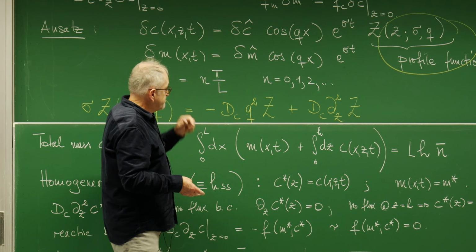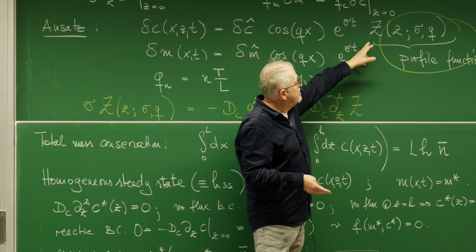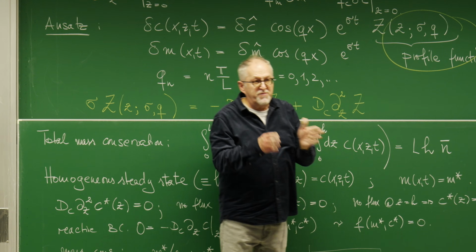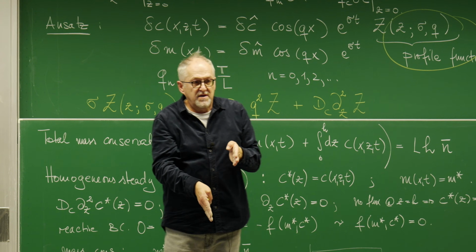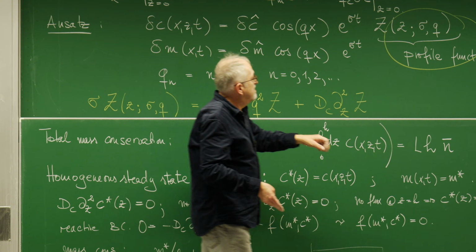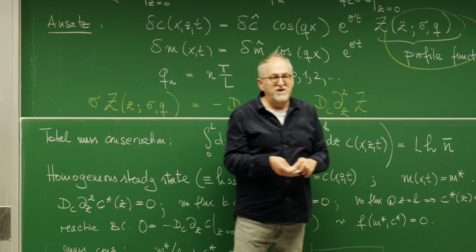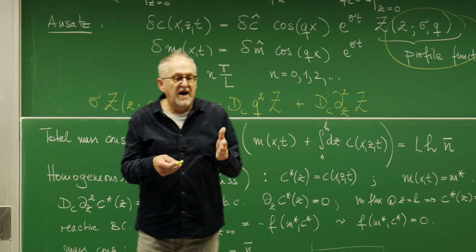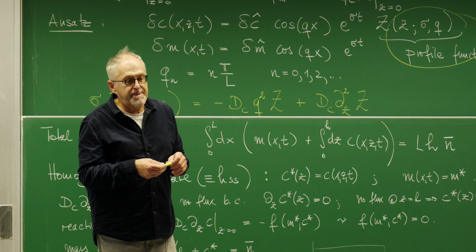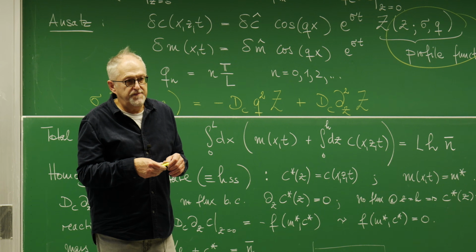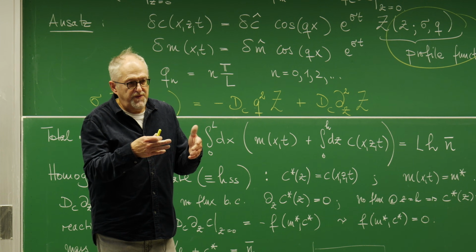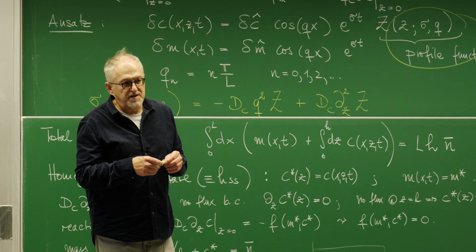And then, once you have a perturbation that develops, it will have to have a profile along the cytosol in the z direction that is given by the solution to the profile equation. So it will have a hyperbolic cosine solution. It's an emergent property of the perturbations in the system.